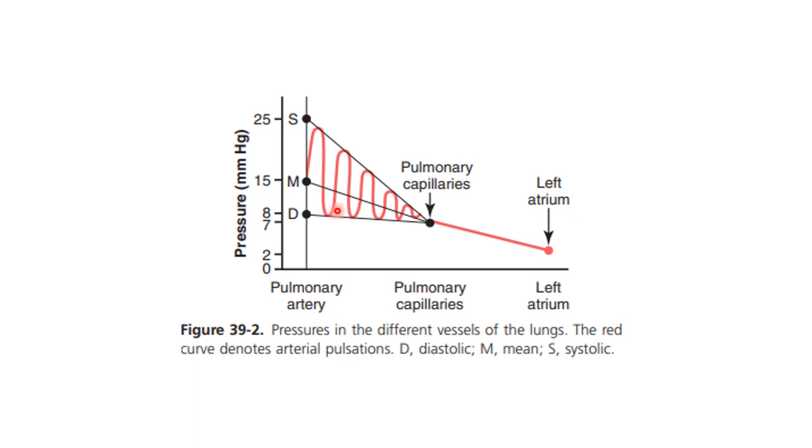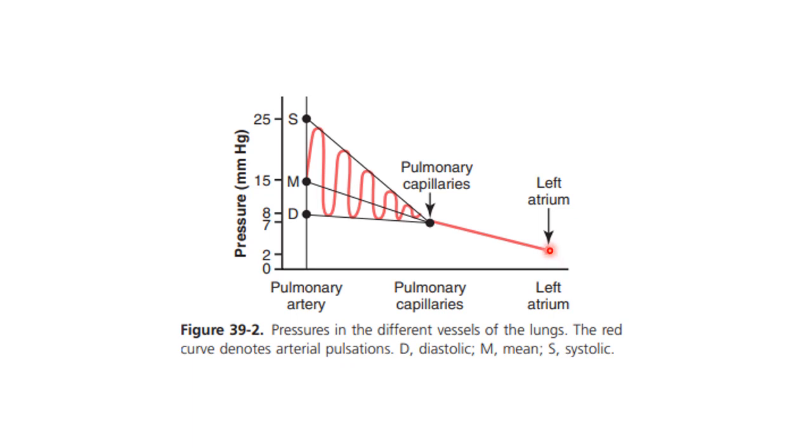And as the pulmonary artery continuously branches to become smaller, what you will observe is that the excursions, the going up and going down of the pressure reading, decrease until you reach the pulmonary capillary, where the mean pressure of blood inside the pulmonary capillary will be around 8 mercury millimeters. And at the left atrium, it is around 2 mercury millimeters.